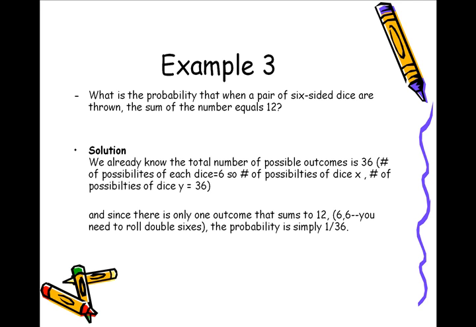So there's basically only one combination here. So your probability here becomes 1 over 36. I hope this is something that you can grasp onto pretty easily, because this is the basis of probability. In the next screencast, we'll dig deeper into probability.